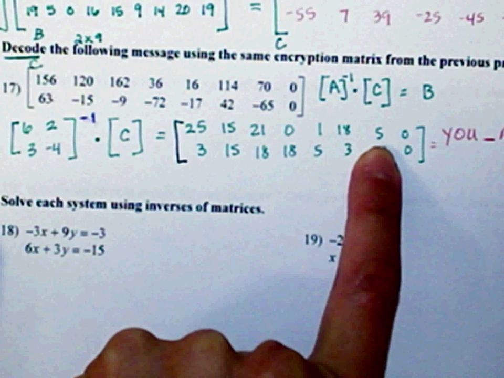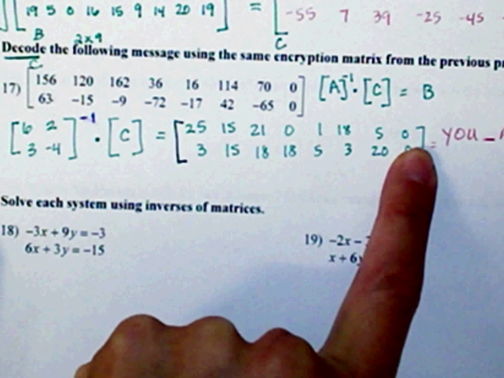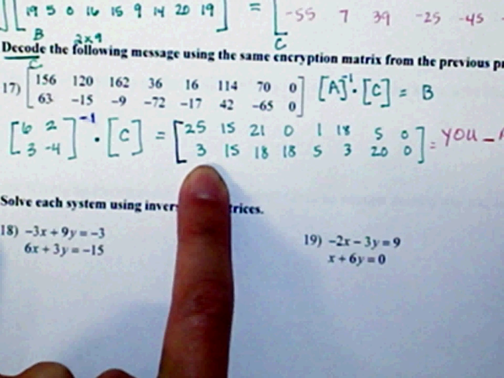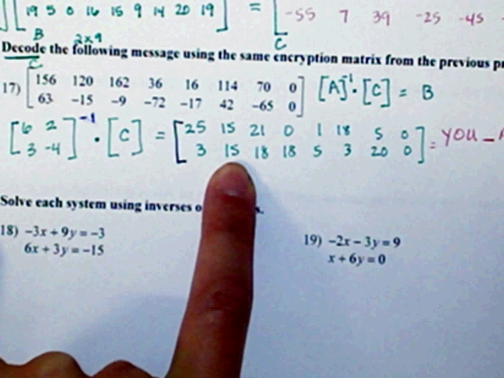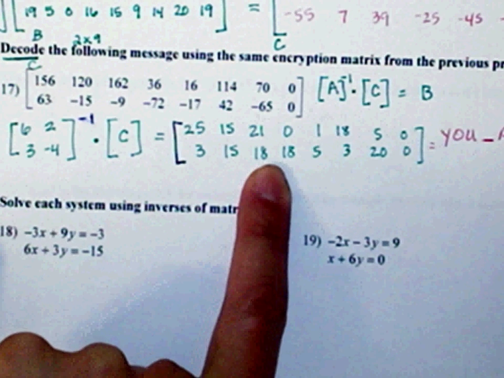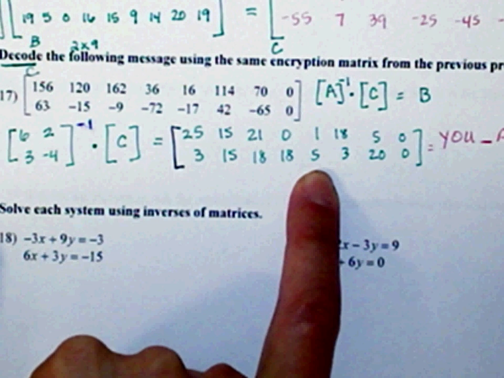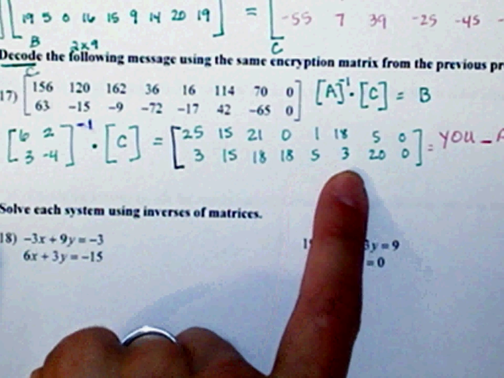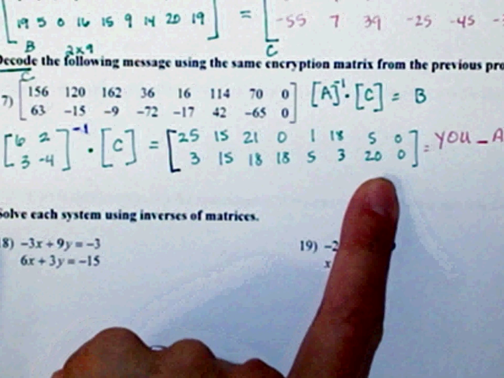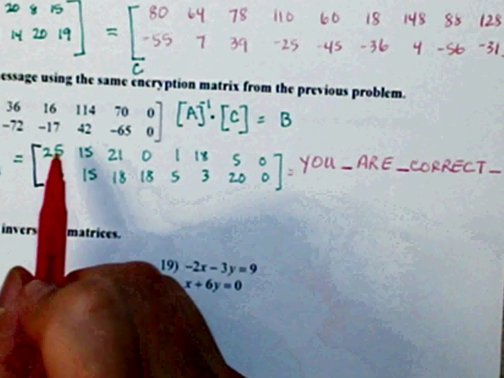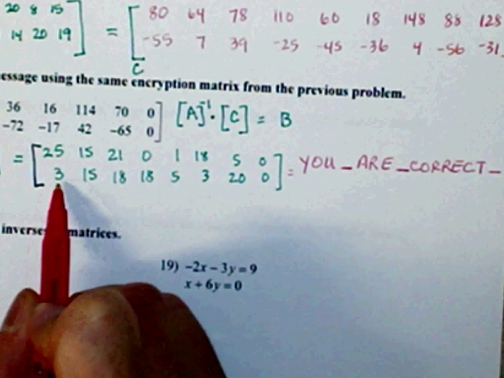Space. 3 is C. 15 is O. 18 is R. 5 is E. I can already make out the word a little bit. 3 is C, and 20 is T. Space. So, guess what it says? You are correct. And there I have decoded.